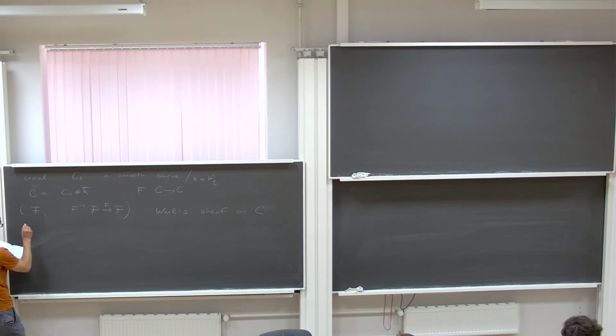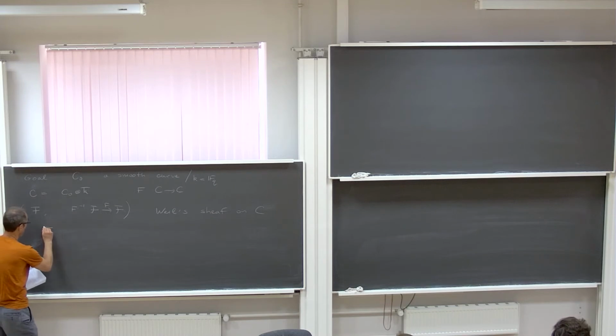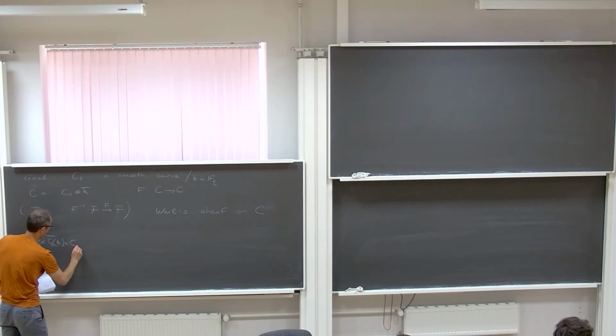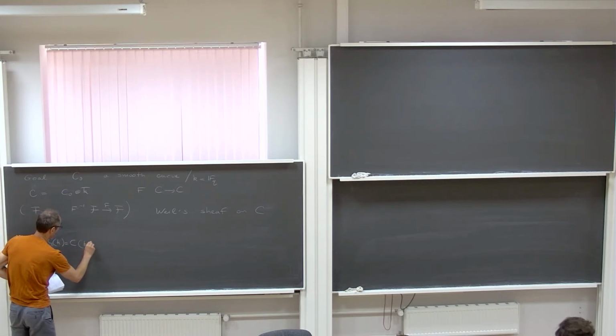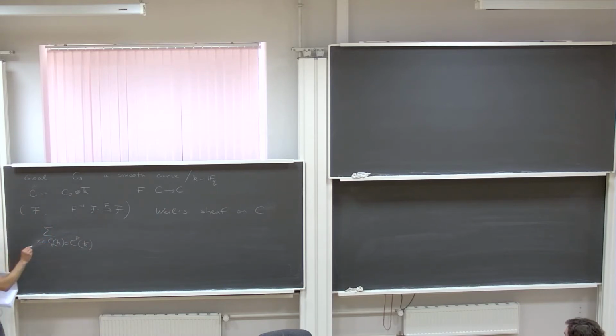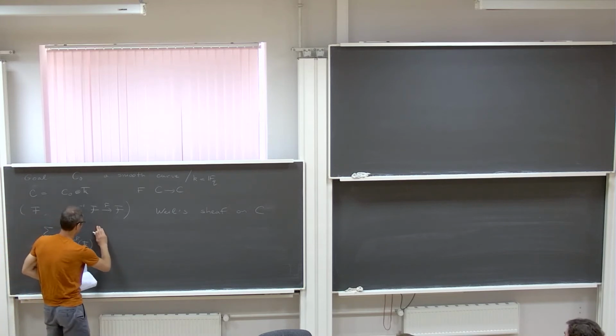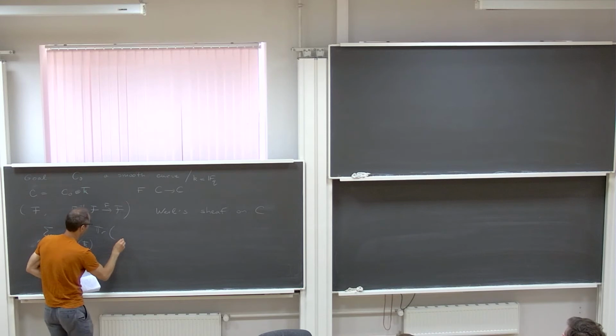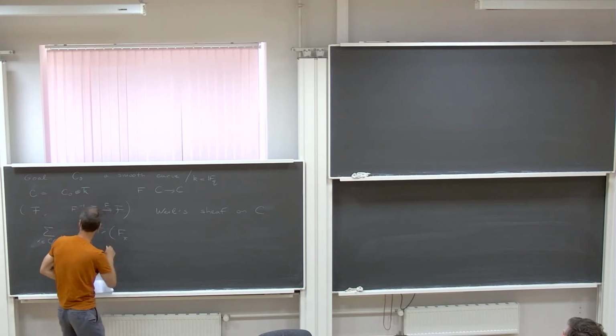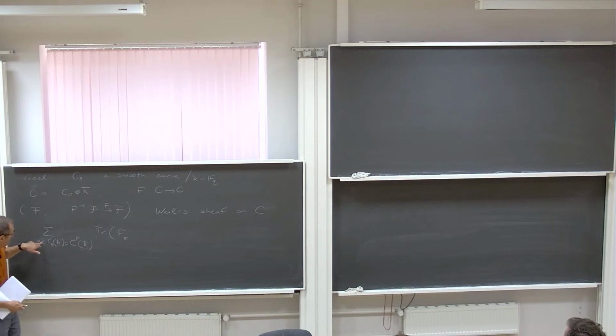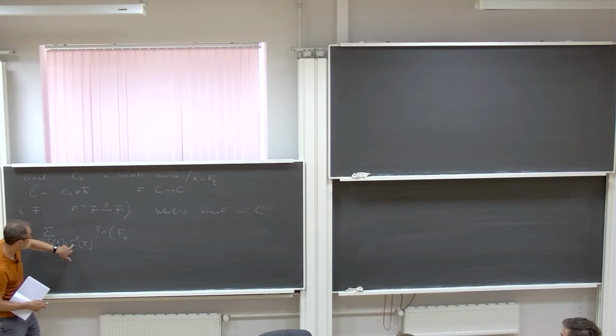And then what we want to prove is that the sum of traces over all points, C0 points of K, which is the same as C points of K bar fixed under the Frobenius, of the Frobenius over the geometric point lying over this. So it's K bar points of C fixed under the Frobenius.